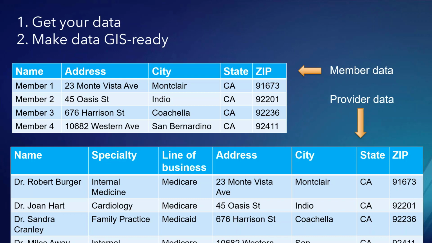There's a lot of different places to get provider information. There's the NPI registry, there's the state medical boards, state Medicaid agencies. So, you've got to bring your data to this type of analysis in order for it to work.